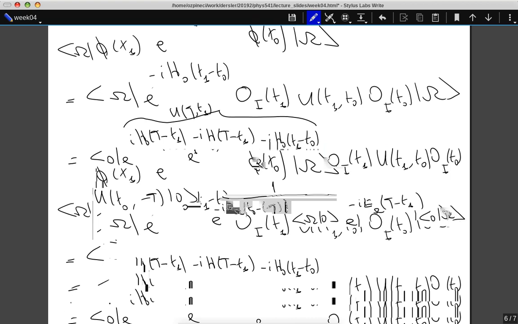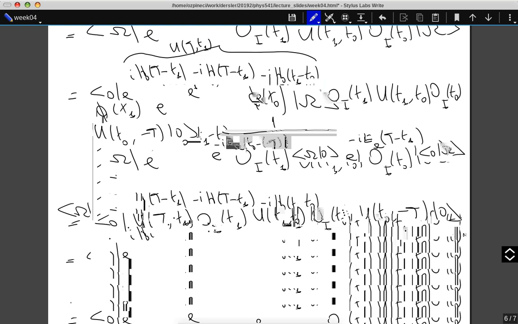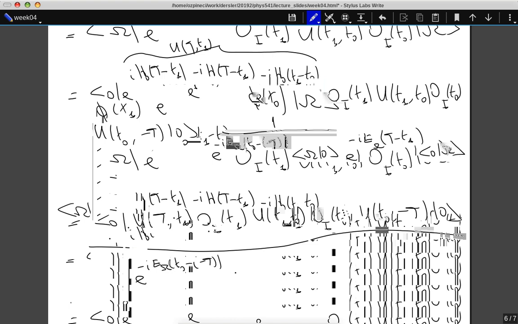So that is equal to U of the evolution from t1 to t, O_I of t1, the evolution from t0 to t1, O_I of t0, and the evolution from minus t to t0, divided by e to the power minus i E_Omega (t0 minus t), the overlap of Omega with 0 squared, e to the power minus i E_Omega (t minus t1).